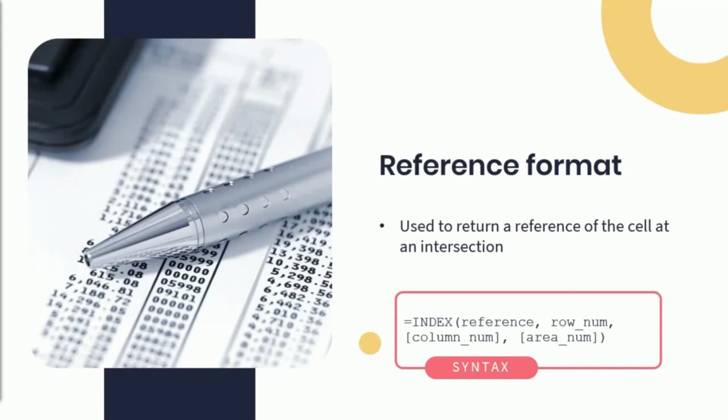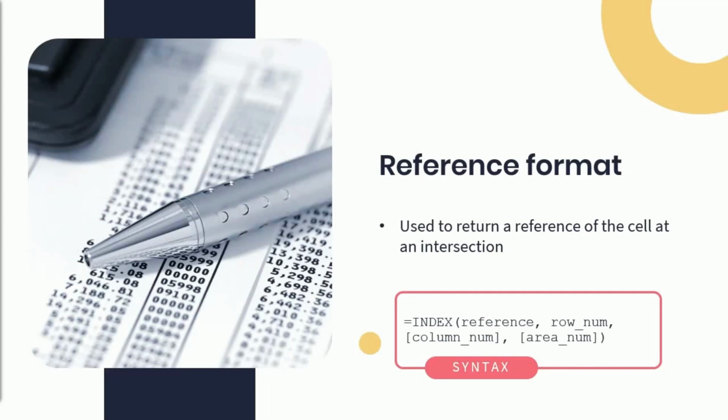Then we have the row number, and this refers to the number of the row of the specified area. When the argument is set to 0 or blank, it will also default to all the rows in the row provided. Then the column number, and of course, this shows the column number in the specified array. Once again, when the argument is set to 0 or blank, it will default to all the rows in the array provided. And last but not least, your area number.